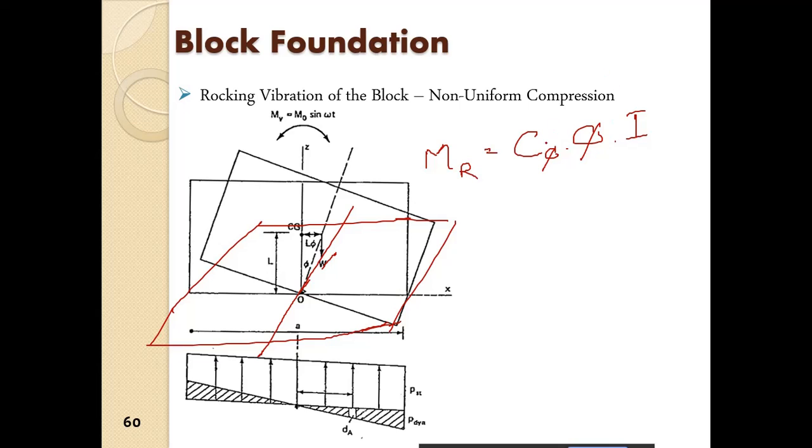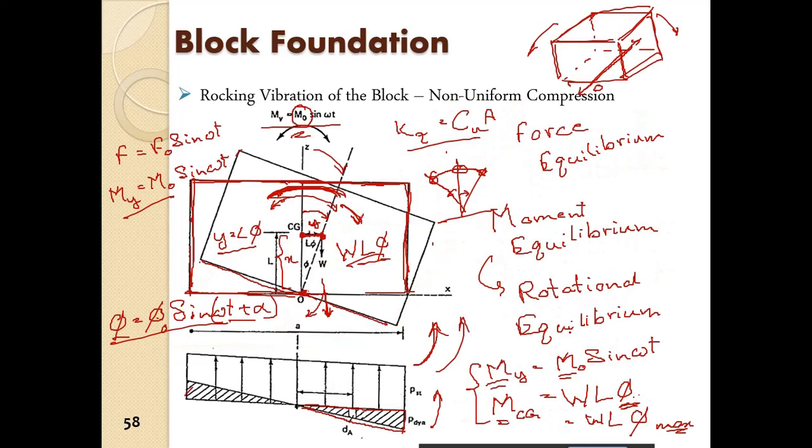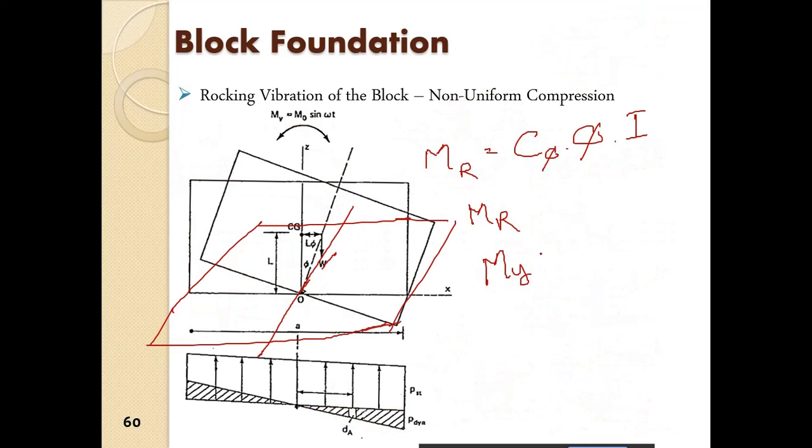So we have the three moments. One is Mr, the soil, and the other two are applied: My applied and M CG. So if we consider these two positive, this will be negative.